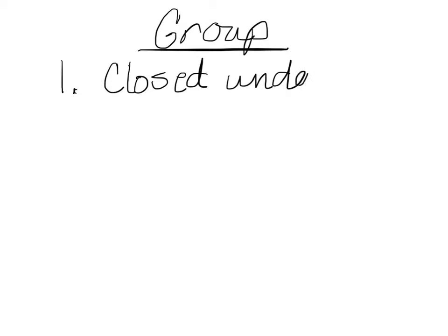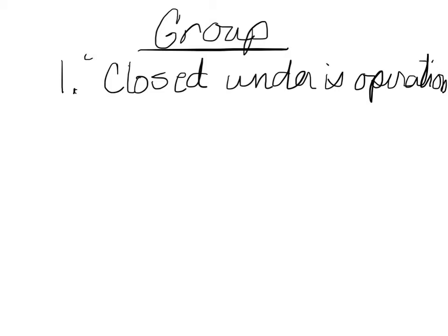So what is a group? Well, a group has 4 properties, all right? Property number 1 is that a group is closed under its operation.